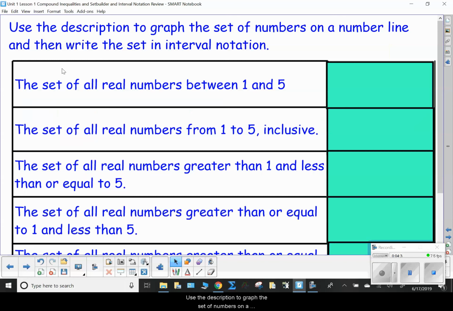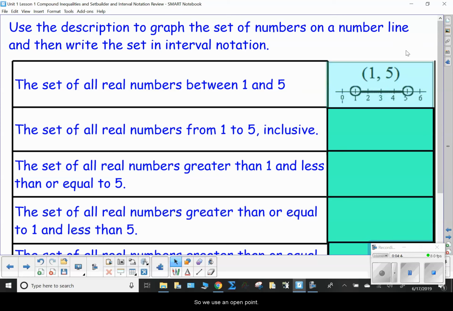Now, using the description to graph the set of numbers on a number line and then write it in interval notation. The set of all real numbers between 1 and 5. That means we're not including 1 and 5. So we use an open point on the 1 and open point on the 5 and parentheses when we write our interval notation.